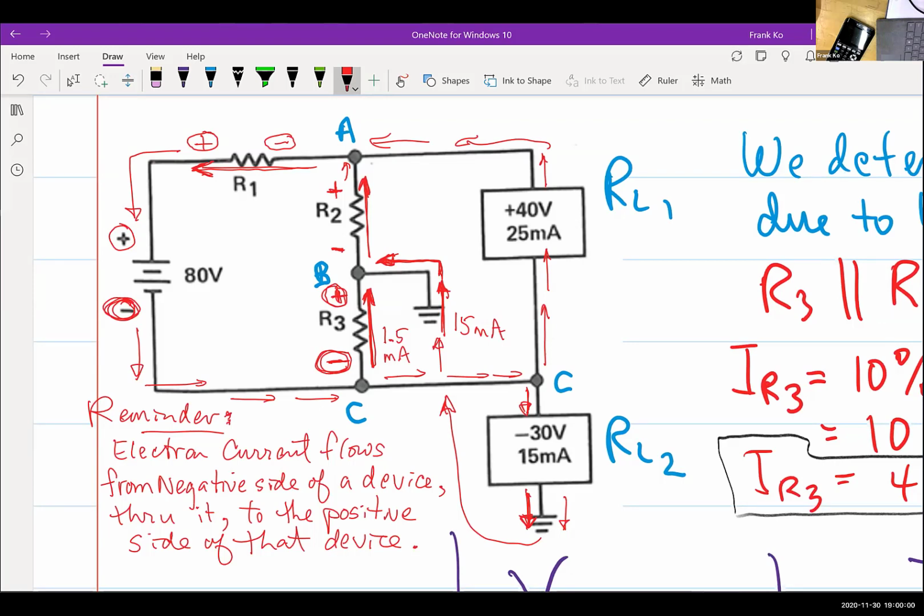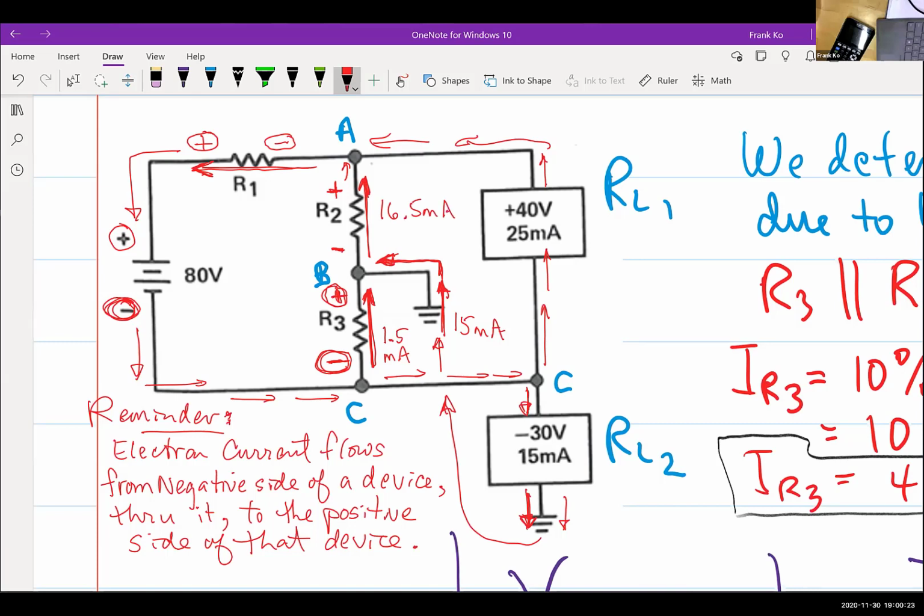What happens in node B with these two currents? They combine. So what will 1.5 and 15 milliamps combine to become going through R2? 16.5 milliamps. Yes. So we will have 16.5 milliamps going up through R2.